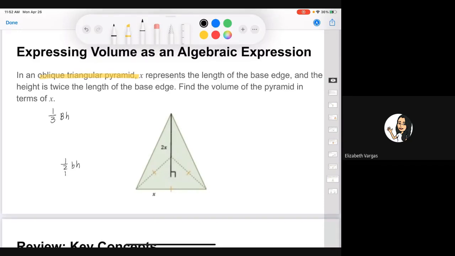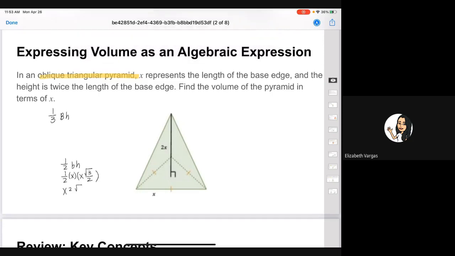Our base is x. Our height is going to be approximately given what we are shown here. So therefore the area of my base is this.